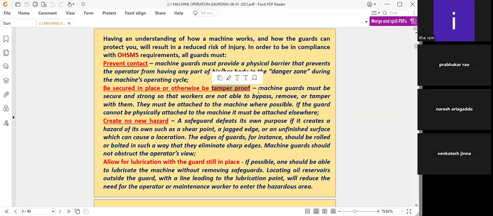Suddenly the guard is taken out and the flanges are decoupled. They complete the work, but forget to put the guard back. The person is searching for the guard. What is the other person doing? He is taking one of the other machine guards and putting it over here.